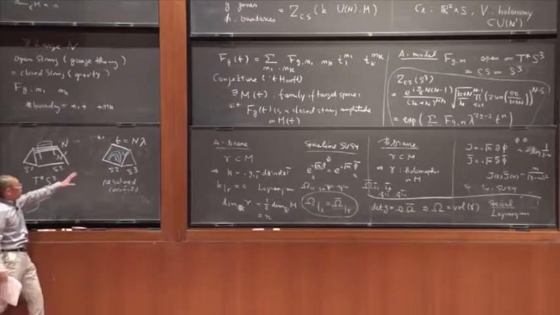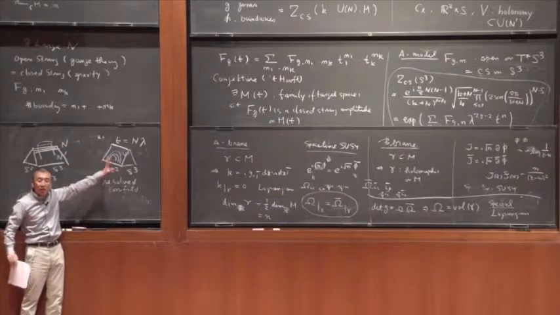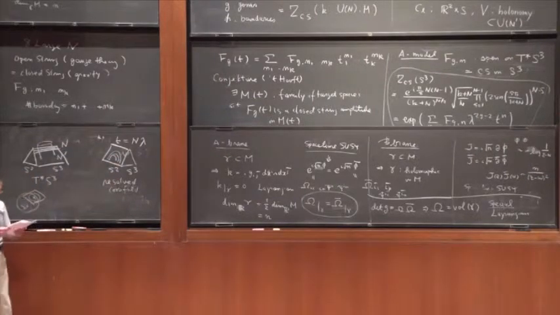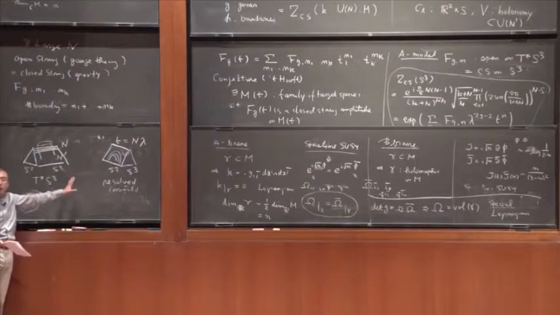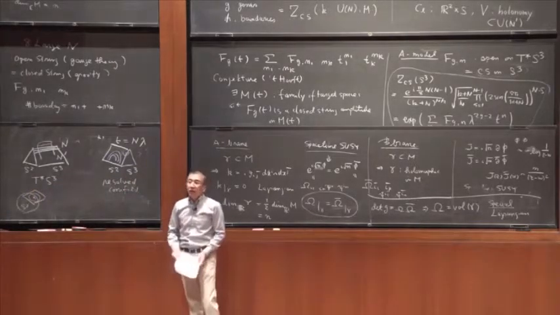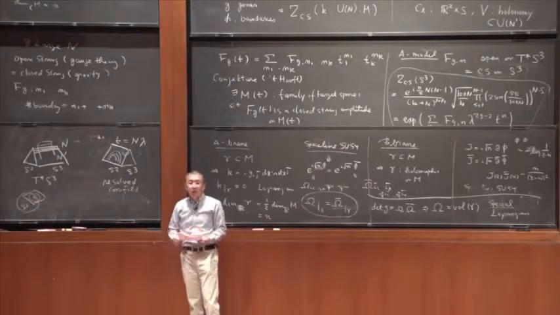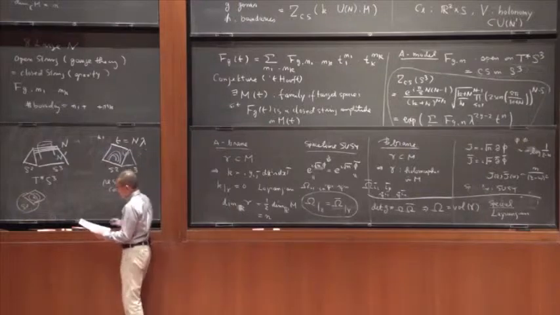Then you can show that the knot invariant can also be expressed as a partition function on the resolved conifold with additional probe D-brane. This was also discussed in my paper with Kamran Vafa that I cited over there. And this gives rise to a new expression for the knot invariant. I'm going to tell you later that this also has some interesting consequences to the idea of mirror symmetry. But I will come to that later.